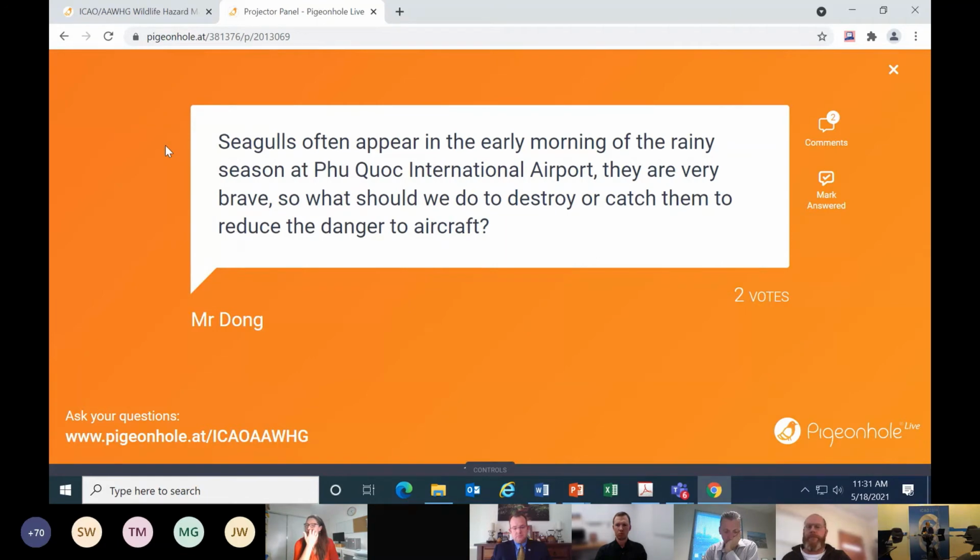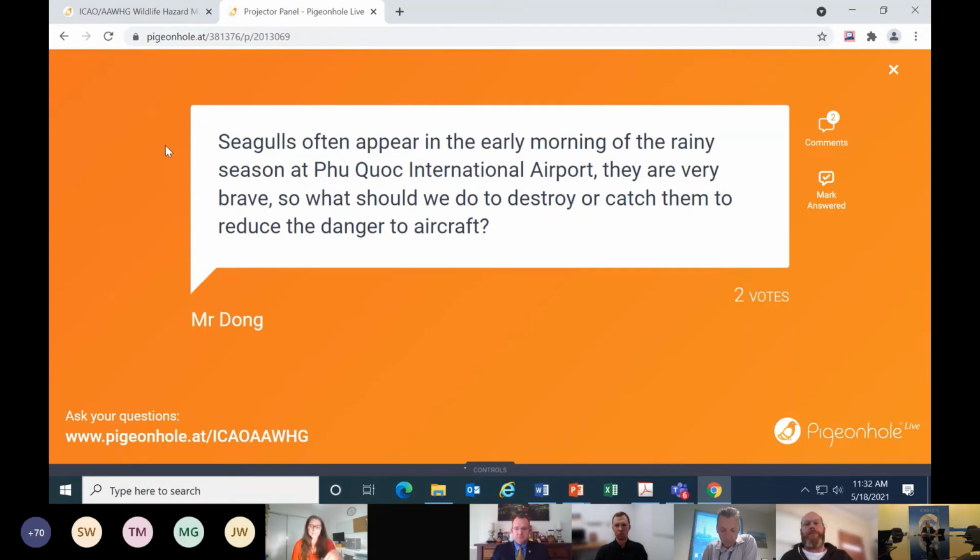The attraction on airfields for seagulls is particularly during the wet season. Obviously there's a lot of water that's accumulated, but also during really inclement weather. So if it's really stormy weather, airports can offer a bit of a refuge for gulls, and they're really just looking for somewhere safe to rest for the day out of the path of any storms in the area. And this is one of the reasons why airports are attractive to gulls.